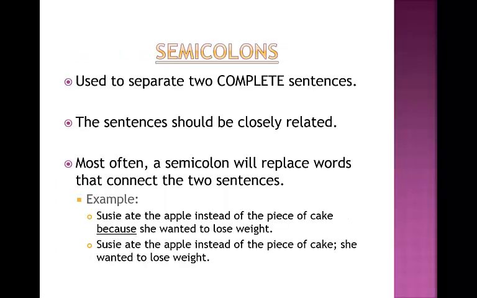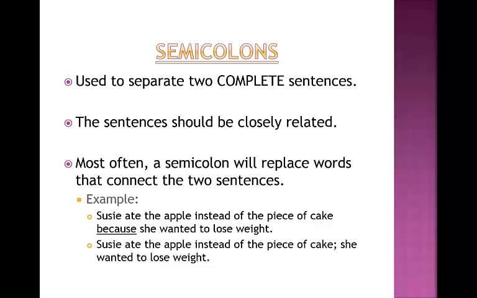Additionally, you'll be tested on your knowledge of semicolons, and it's important to know that semicolons operate more like a period than they do like a comma. A semicolon is the character that has a dot on the top and a comma on the bottom. These are used to separate complete sentences. That is the first thing you need to remember.